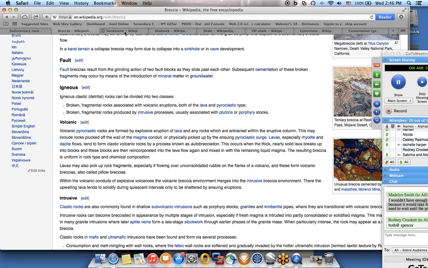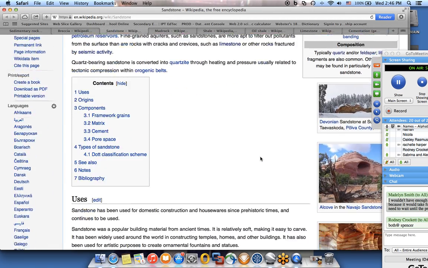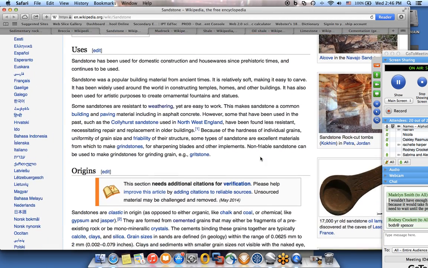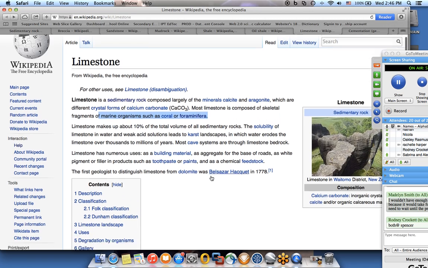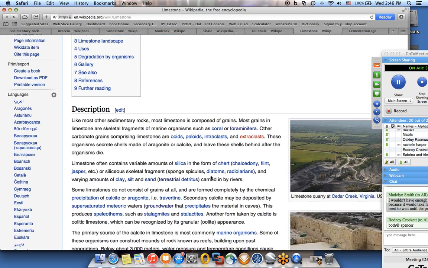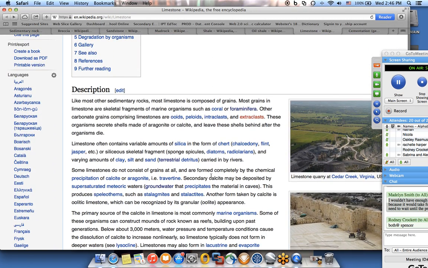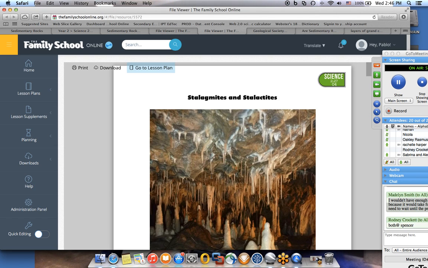And the sandstone, the same process. The mud rocks, the same thing, shale, and even the limestone, the organic rock, is also formed the same way. It's also cemented by these same processes. So we have the same type of formation done together.